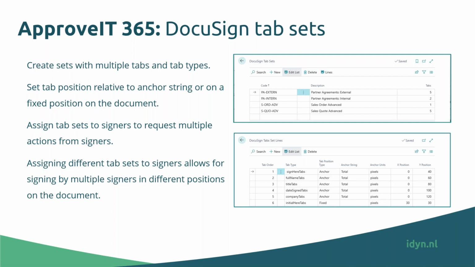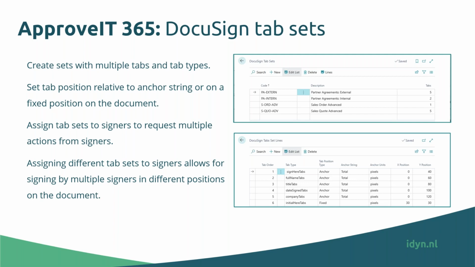However, in most cases, we don't know how many pages will be included in the document. That can be dynamic because we have more content for one sales document than in the other. So we can have multiple pages where we don't know when we send it to DocuSign how many pages there are.